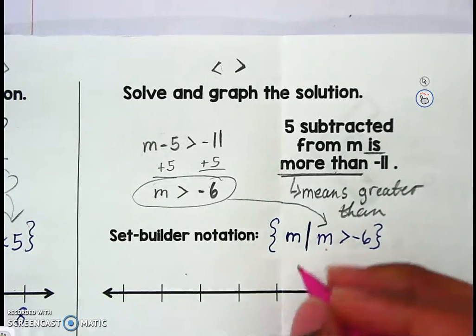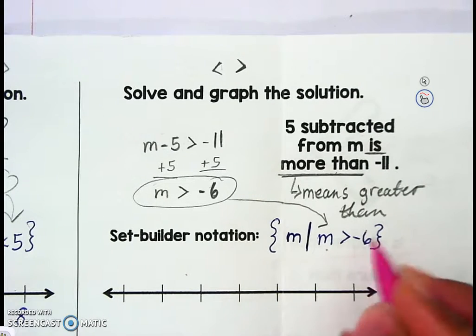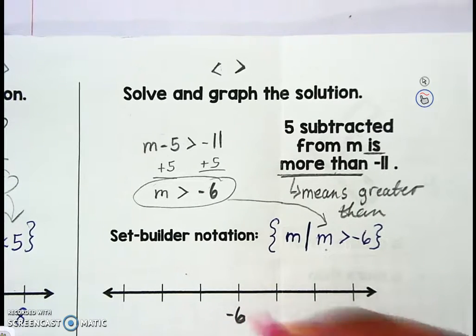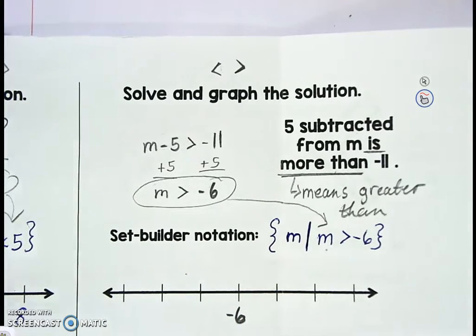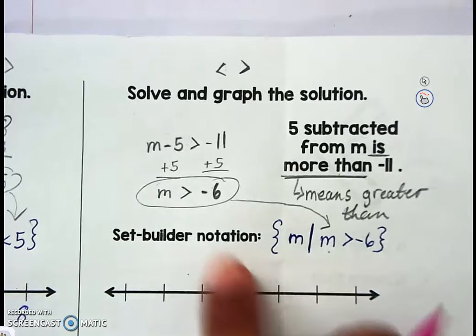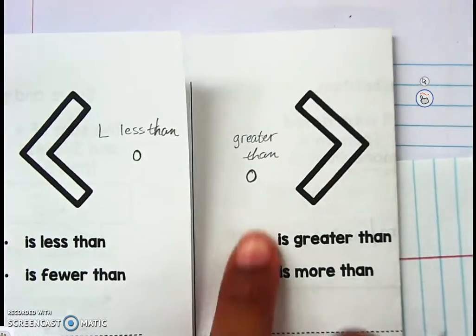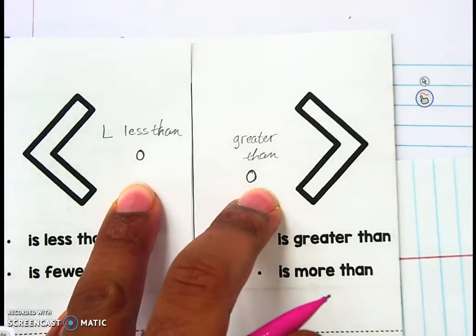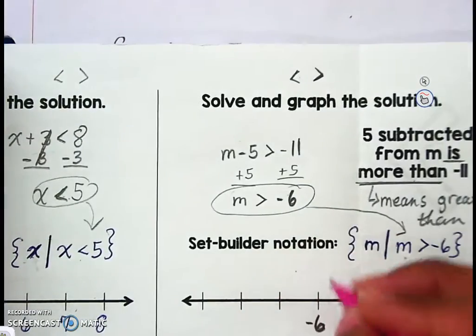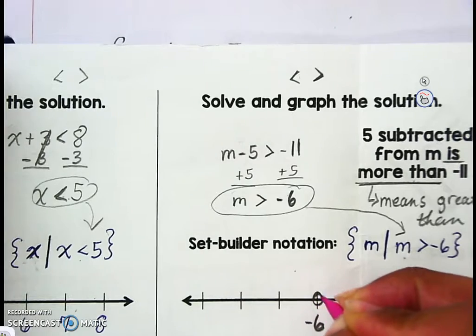Okay. And then again, we're going to put negative 6 smack dab in the middle of this graph, the line, sorry, the graph. Again, because we're dealing with the greater than sign, greater than has an open circle. Open circles. So we put an open circle on negative 6.